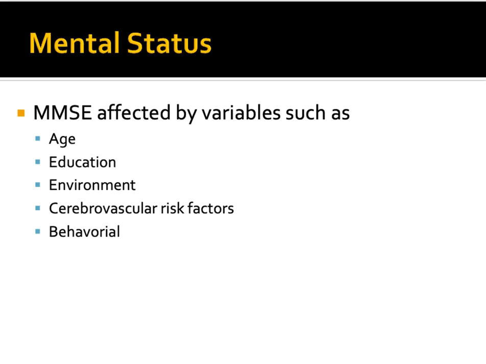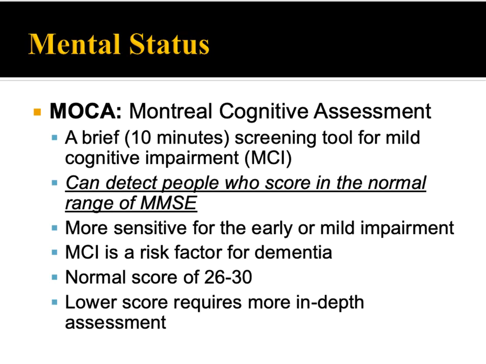The MMSE is affected by age, education, environment, cerebrovascular risk factors, and even mental health conditions and some behavioral factors. So it's not a perfect test, but it's a good screening. It's intended to be a screening, and that's what we use it for, is screening.